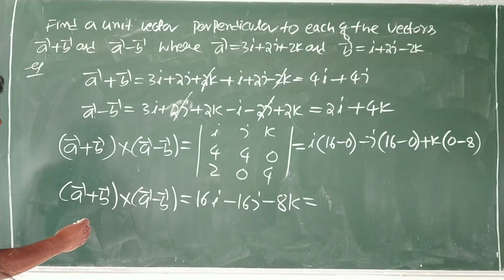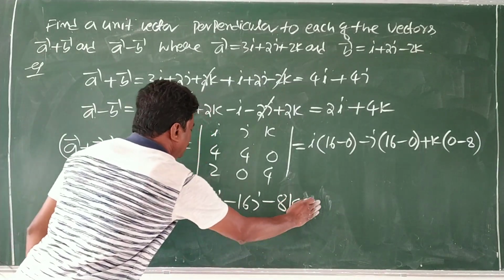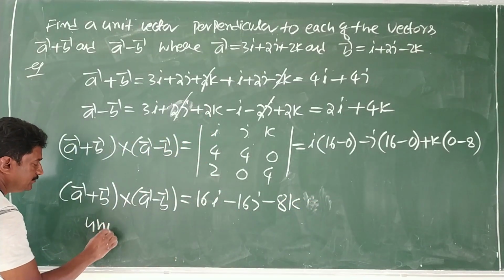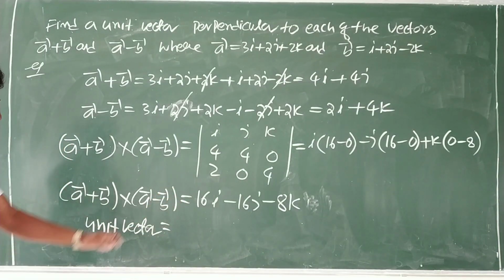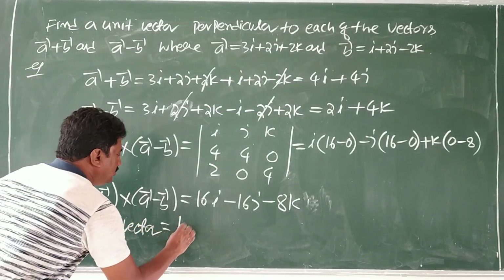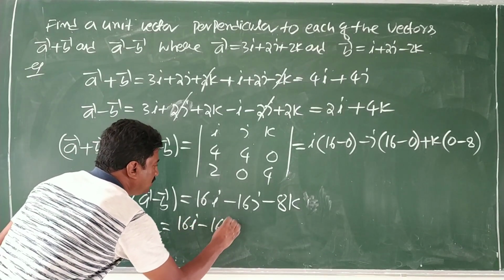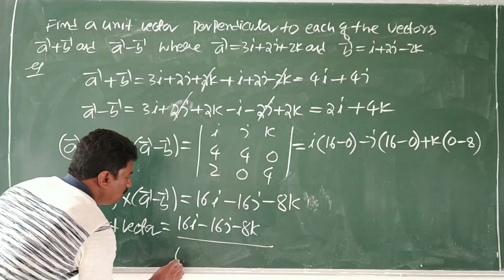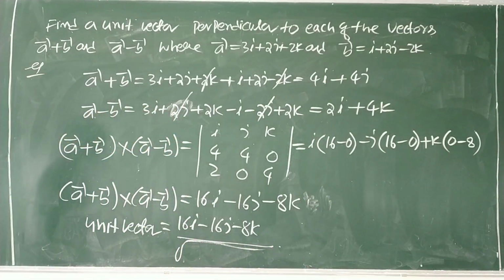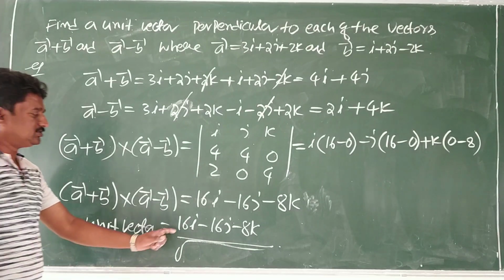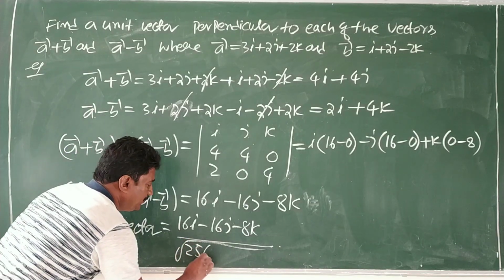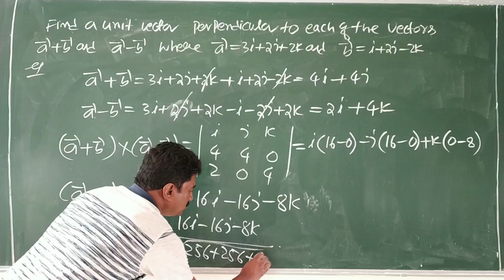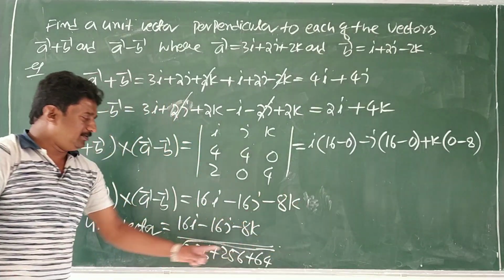So the unit vector is nothing but vector by its magnitude: 16i minus 16j minus 8k by root of. Tell me 16 square: 256. Plus 256 plus 64. Is that correct? Tell me the total.